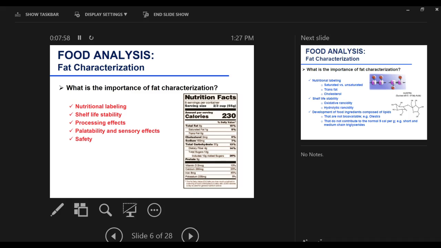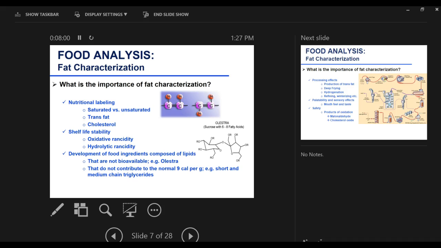Whereas other metabolites, such as the oxidation metabolites, such as oxidized cholesterol or malonylaldehyde. Malonylaldehyde is a secondary oxidation product. It is mutagenic. And oxidized cholesterol can also cause cardiovascular types of diseases.